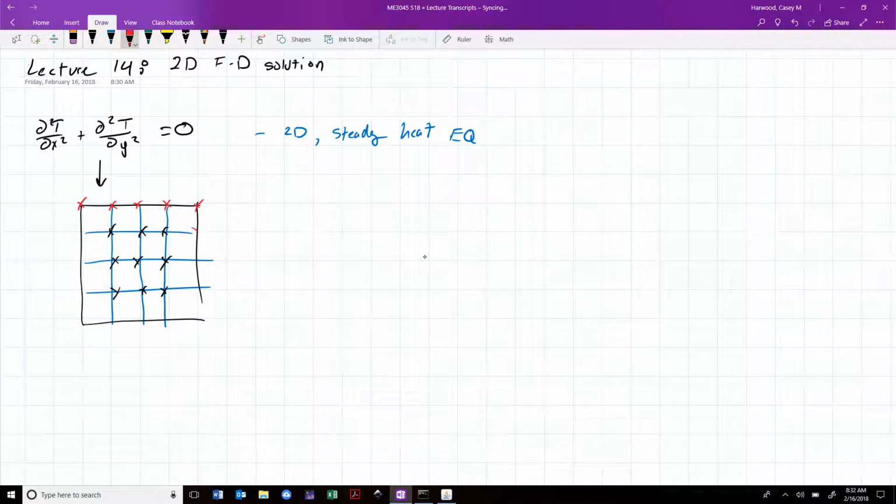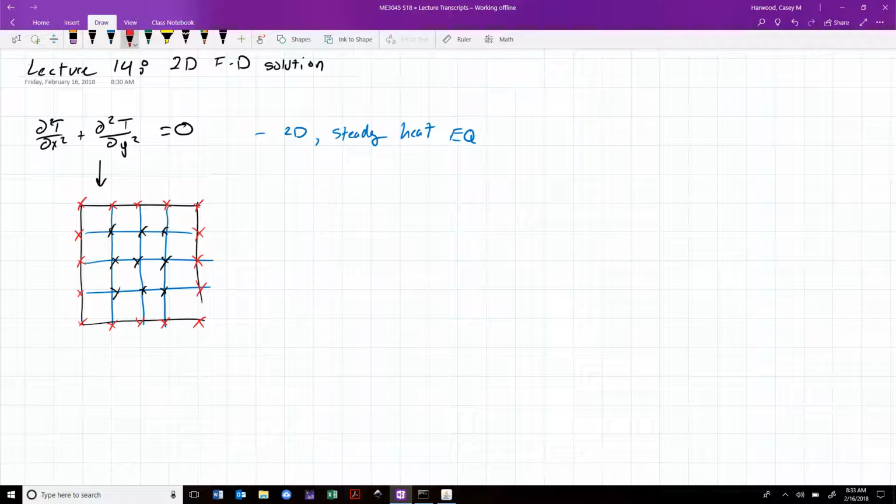So we have interior nodes, and we have boundary nodes. Okay, so this would be considered a mesh that has 5 by 5 nodes or 4 by 4 segments.